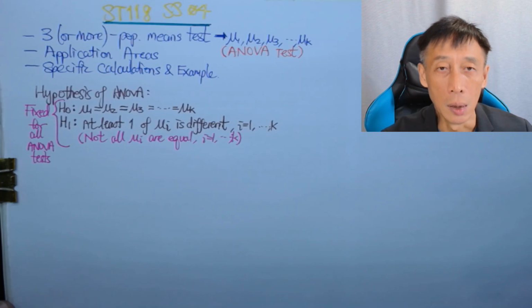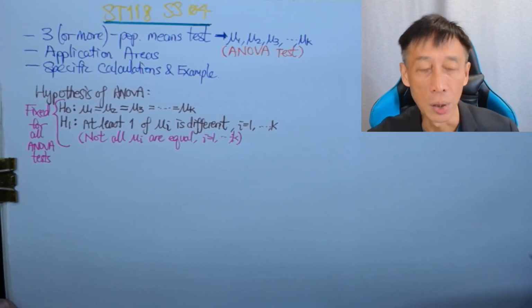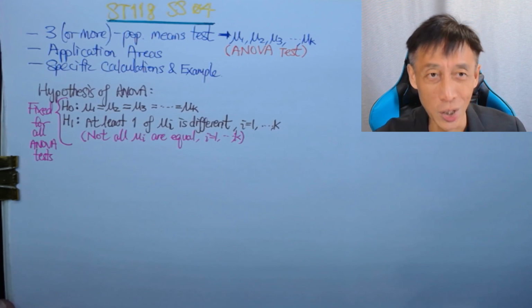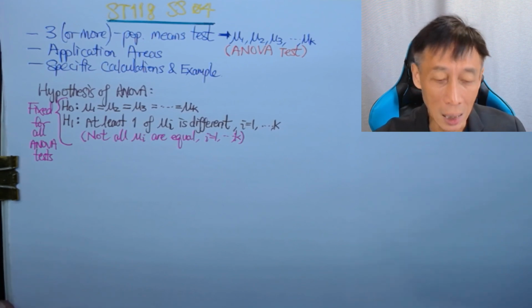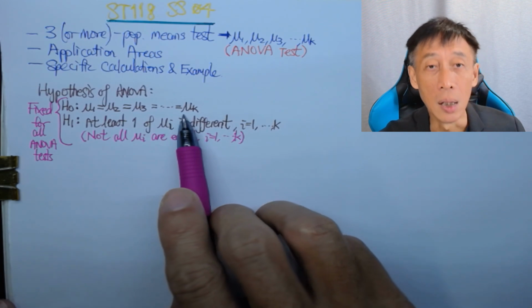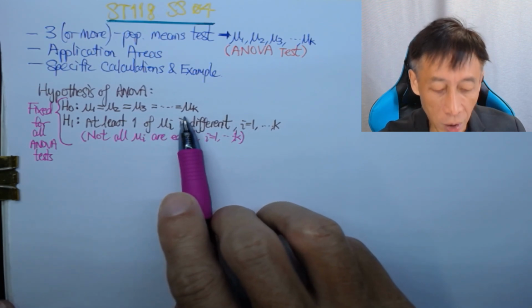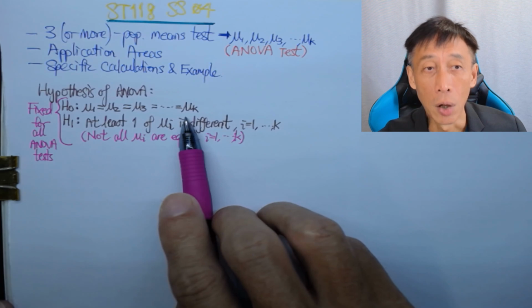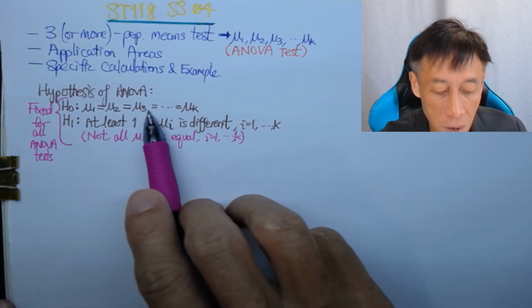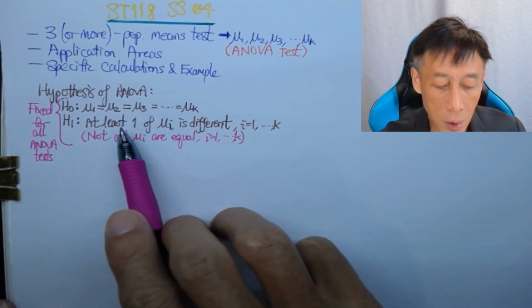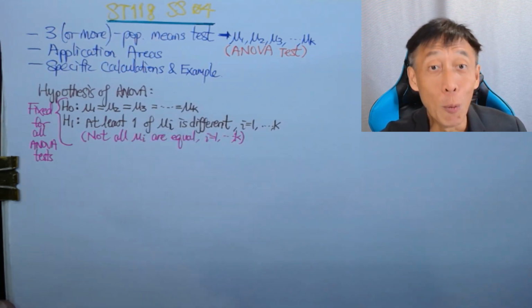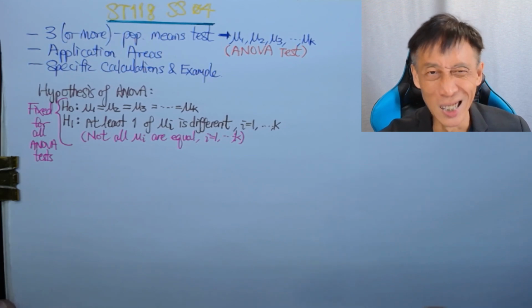Just stick to this statement. Fixed is good, but it's also very rigid in the sense that it only allows us to check, are all equal or not? The conclusion is either you do not reject, then all are equal, or you reject, then not. So the output information is very little.